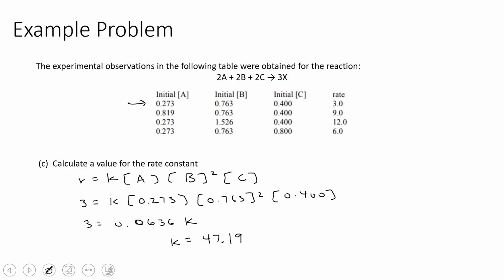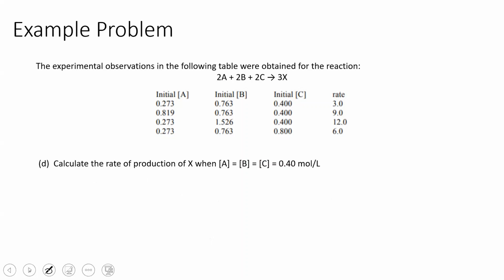Okay, so now that we have K, it says calculate the rate of production of X when the concentration of A, B, and C are all 0.4 moles per liter. The way we go about doing this is, again, start by writing out R equals K, but now we have K, right? So we can put 47.19.